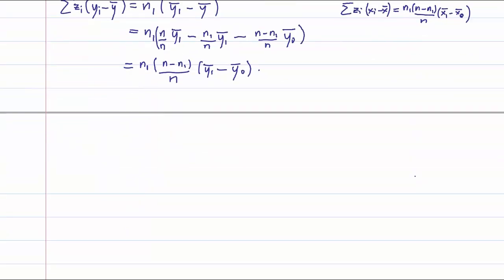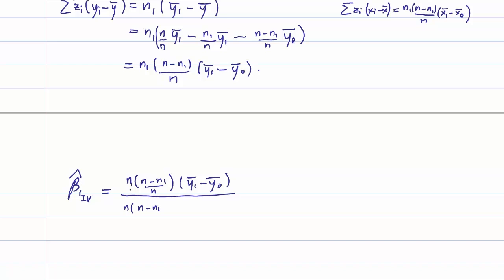So if I come back to my estimator, beta 1 IV, the top part is now n1 times (n minus n1) over n times (y1 bar minus y0 bar) over n1 times (n minus n1) over n times (x1 bar minus x0 bar), here it's an n1 of course.